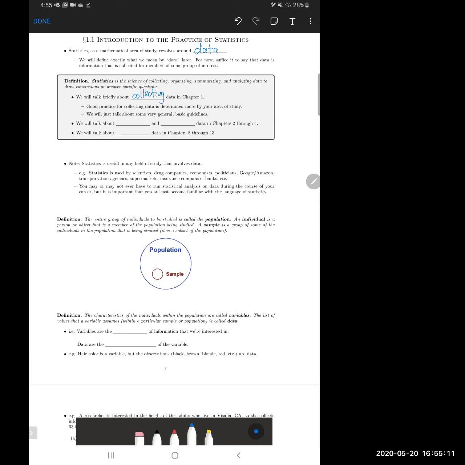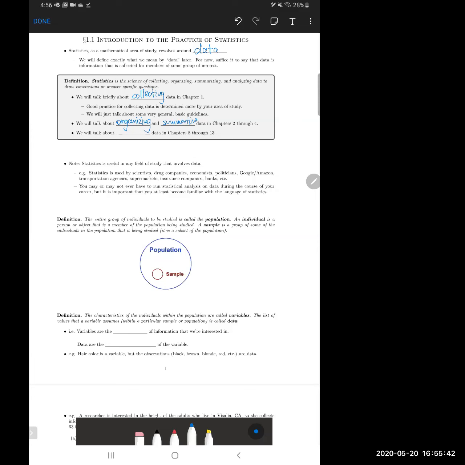And the reason we're only going to talk briefly about that is just because good practice for collecting data is really determined by your field of study. So we'll give some general guidelines, but we're not going to get into a ton of detail. Then we'll talk about organizing and summarizing data.